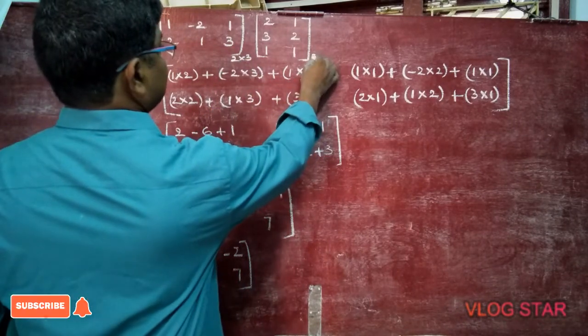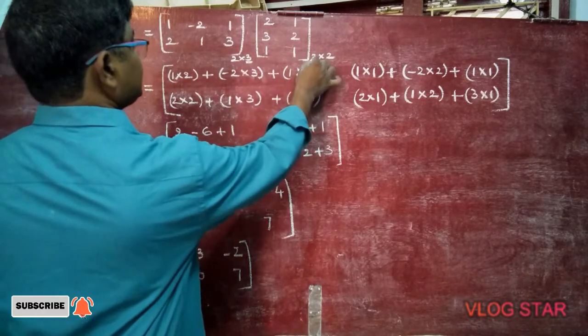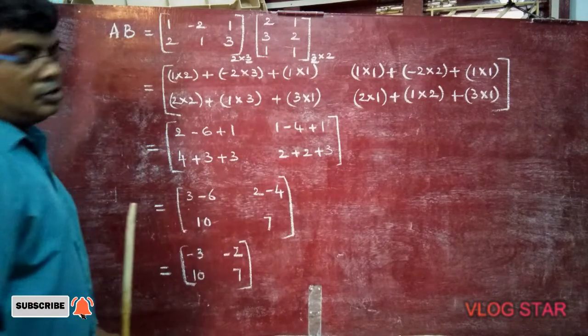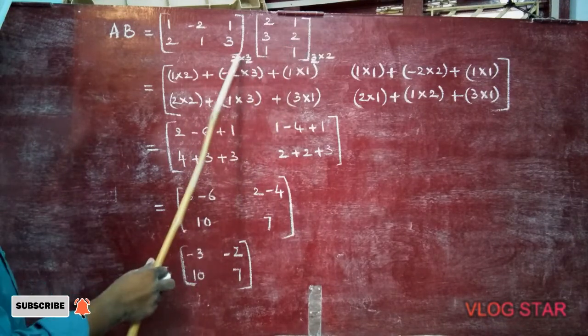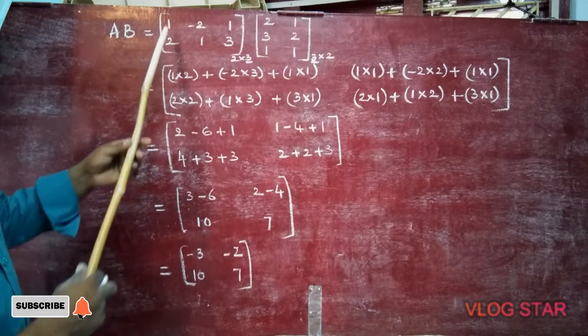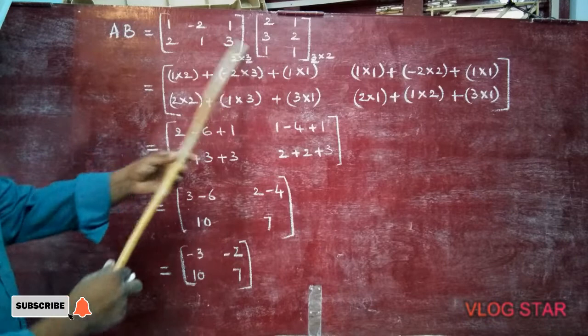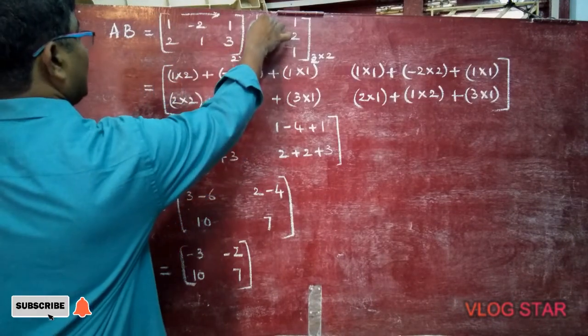This is 3 rows 2 columns. So first matrix columns should be equal to second matrix rows. Both are equal, possible, and we will get a 2 by 2 matrix. Now coming to multiplication, row with column. We have to multiply row with column.